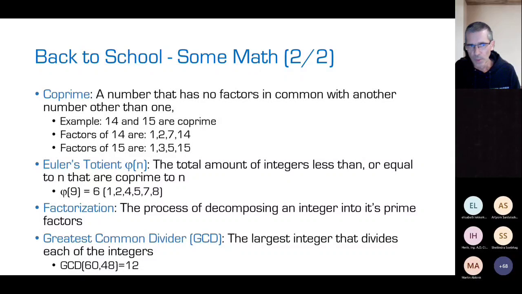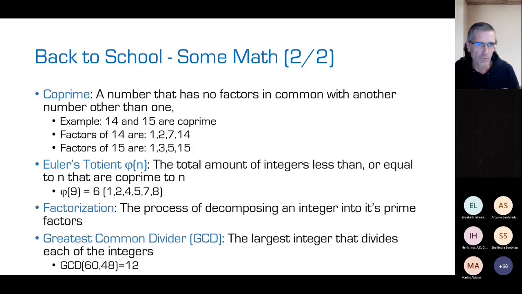Another definition that we use in the RSA algorithm is a coprime. A coprime is a number that has no factors in common with another number other than 1. So an example here, the numbers 14 and 15 are coprimes. This means that there are no common factors between these two numbers.